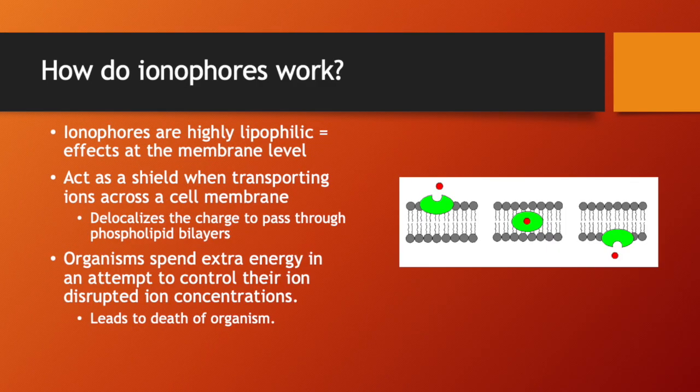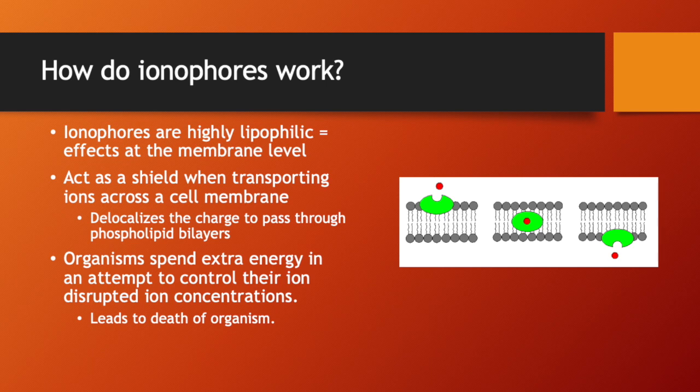How do ionophores work? Ionophores are highly lipophilic, which means they have effects at the membrane level. We know that membranes consist of a lipid bilayer, which means they are easily able to pass through since they are lipophilic. It acts as a shield when transporting ions across the cell membrane. This acts to delocalize the charge, which allows it to pass through.